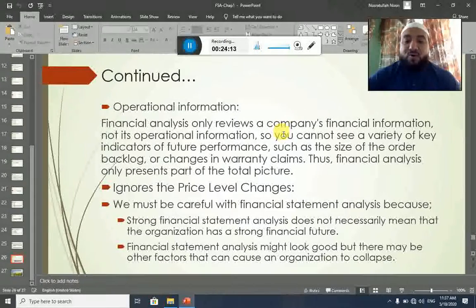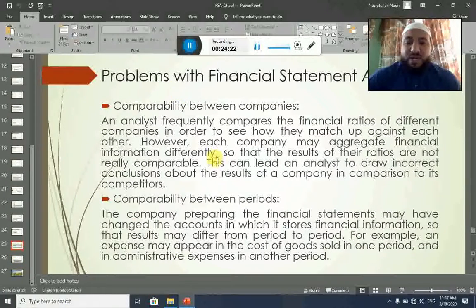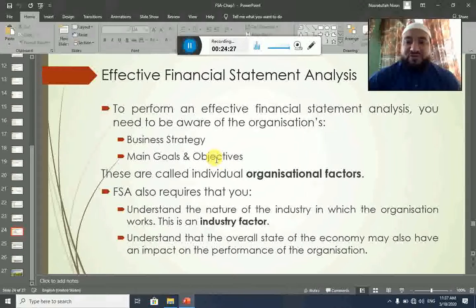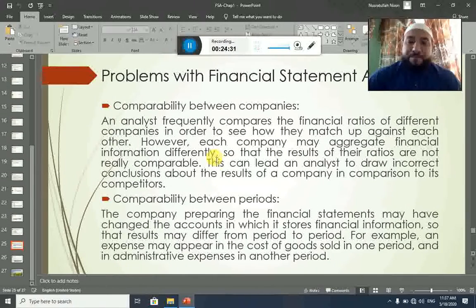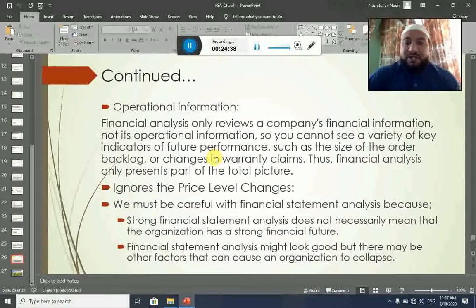In order to avoid being misled, we have to keep in mind these limitations of the financial statements and consider these important aspects as well, including industry factors, organizational factors, different reporting aspect, different period aspect, operational information aspect, and price change level aspect. All these aspects should be kept in mind, right?